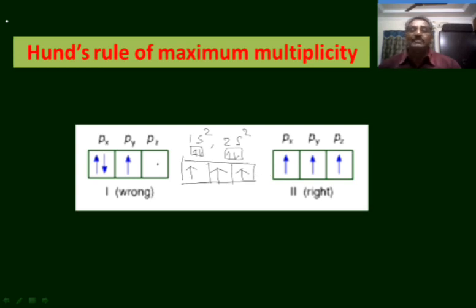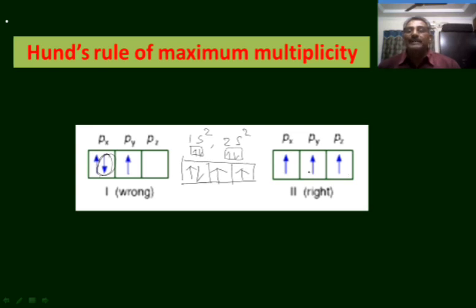Then, if there is one more electron, it pairs up with the first electron. So, according to this rule, this kind of occupation of electrons in the orbitals is wrong. The reason is that if one of the degenerate orbitals is empty, the electron should not pair up here. It has to occupy the third empty orbital.